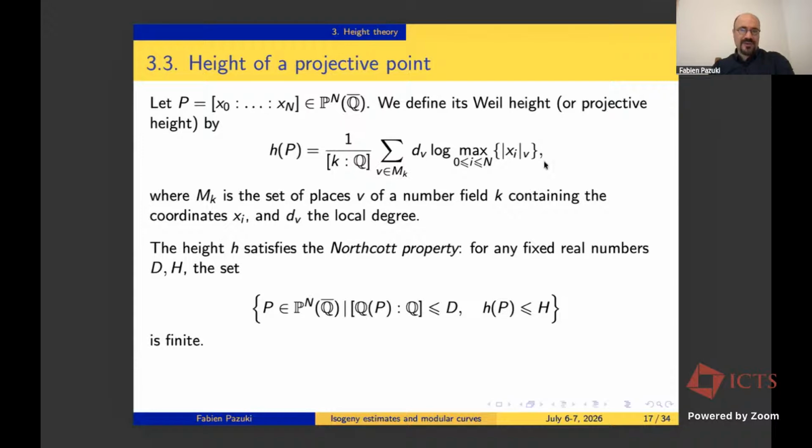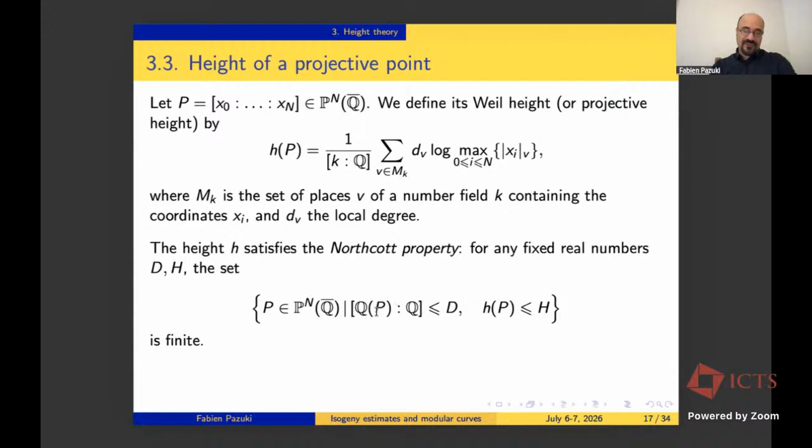So we have an object that will now measure the complexity of our projective point. Now this height also satisfies a Northcott property, very similar to the previous one. So if you bound the height from above, and if you bound the degree [Q(P):Q], this is the degree of a minimal extension of Q that has all these coordinates rational, then you get the Northcott property.